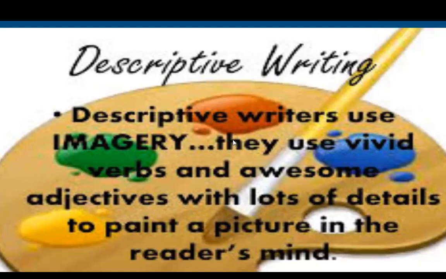So in fact, descriptive writers use lots of imagery, and those images are quite vivid. I mean, it presents a glaring picture of what we see. And in fact, the reader is so convinced of the picture presented that the reader starts believing it.